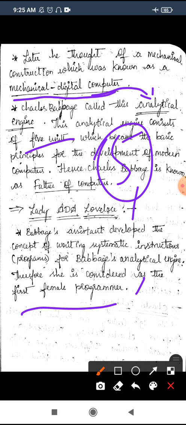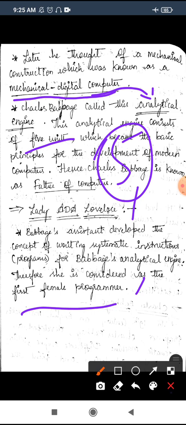That is Lady Ada Lovelace. She was working as an assistant for Charles Babbage's company, where she wrote systematic instructions, called programs, for the analytical engine. Therefore, she is considered the first female programmer.